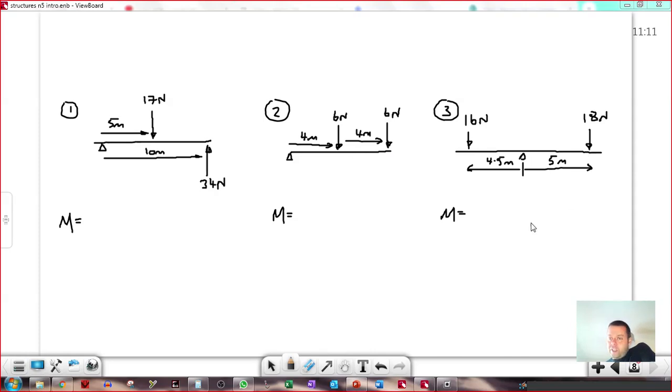You still need to figure out whether this one's clockwise or anti-clockwise, and you need to figure out whether this one's clockwise or anti-clockwise. And all I'm looking for is a total. So as long as you give clockwise moments positive signs and anti-clockwise moments negative signs, if you get a positive answer, that means the total moment acting on that beam in that free body diagram is clockwise, and if you get a negative answer, that means the total moment is anti-clockwise. Okay, you go ahead and do that then.